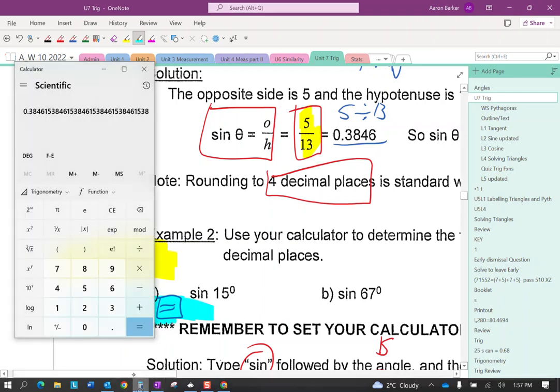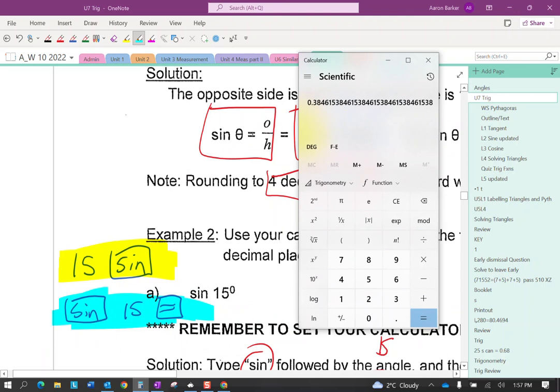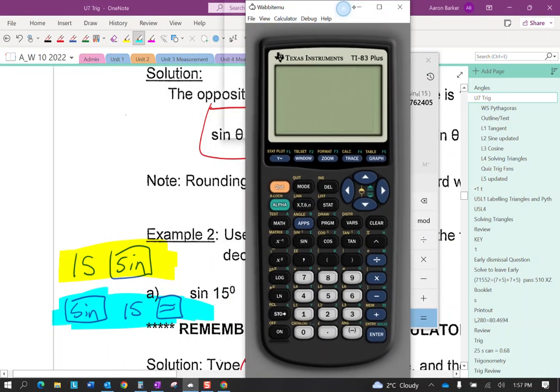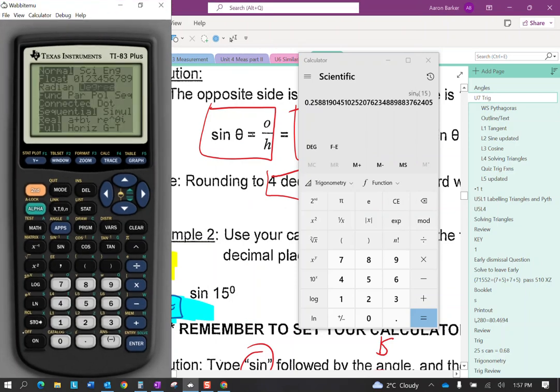So I'll show you real quick on this calculator, which is like your phone, 15, and then I press sine, and that's the answer in 4 decimals. Okay. Newer calculators, when you see it on the screen, I first of all have to turn it on, then I press sine, 15 degrees and equals.